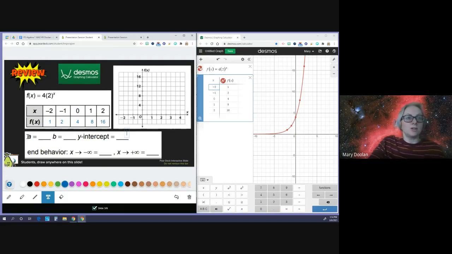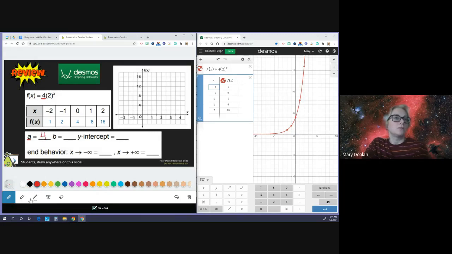And then for these values, a equals, b equals, the y-intercept. So we also covered how to figure these values out last week. And so a, if you look at your original function right here, that's the a value. So a is, in this case, 4.